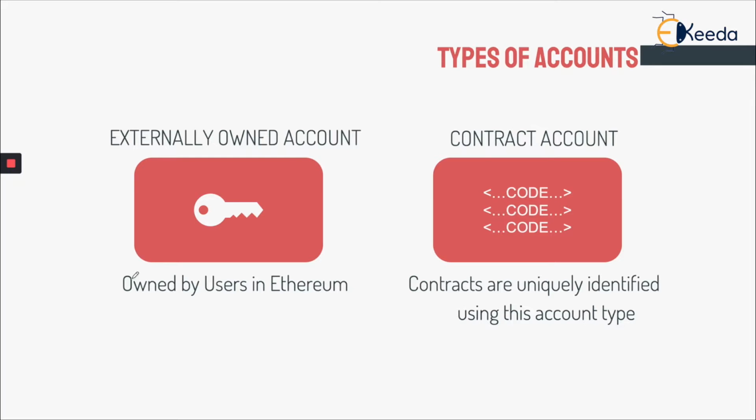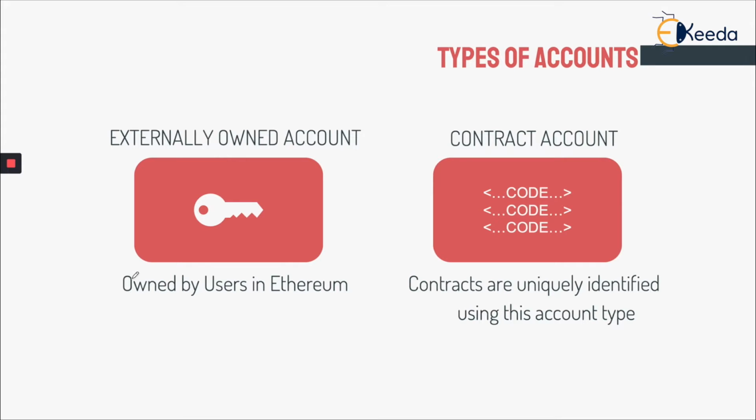So if I created a MetaMask account and that gives me a public key and private key and all of that, that is an externally owned account because I am a third party from the real world trying to talk to the blockchain. And if you create one, all the accounts owned by us are known as externally owned accounts, or in short, EOAs. And these are owned by the users in Ethereum itself.